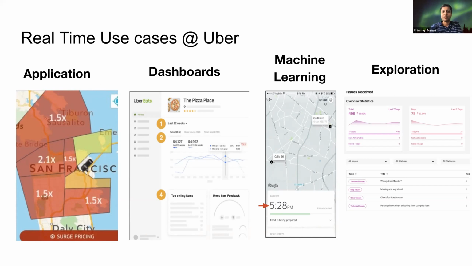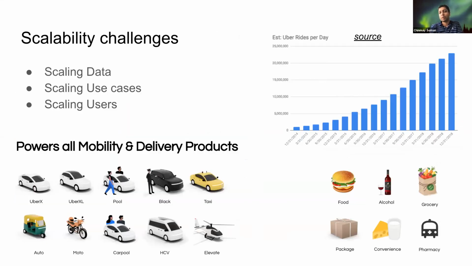Similarly, Restaurant Manager is a dashboard which is used by restaurant owners across the globe to get insights into customer satisfaction, sales, inventory, and so on. It's important to note that each of these use cases has a unique set of requirements, which can often be competing in nature. And you can refer to the paper for a full set of requirements.